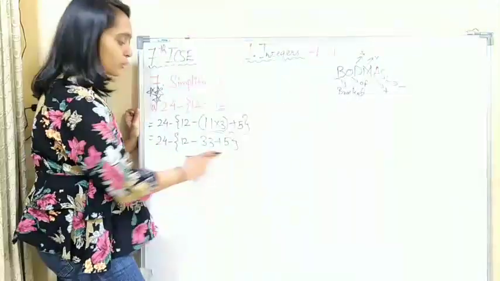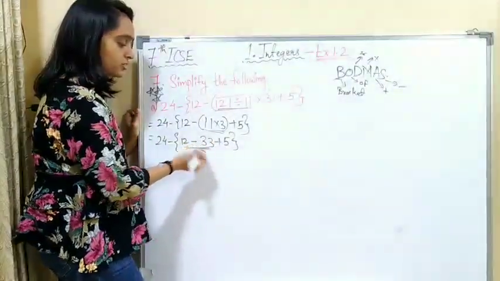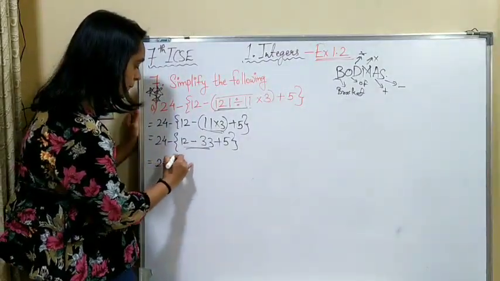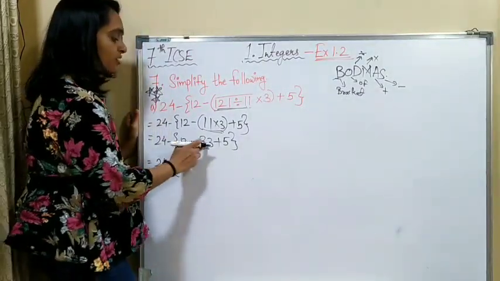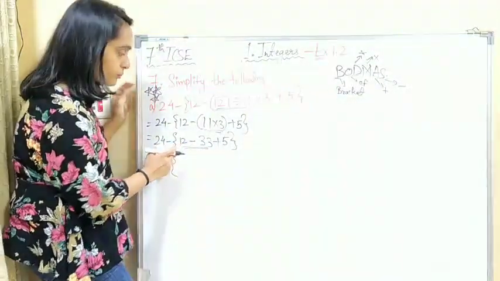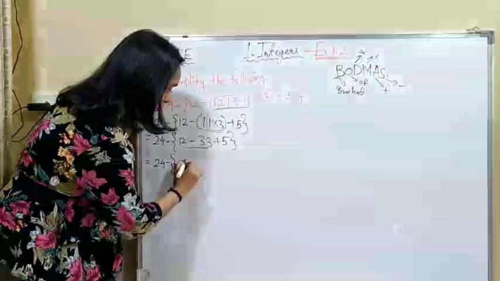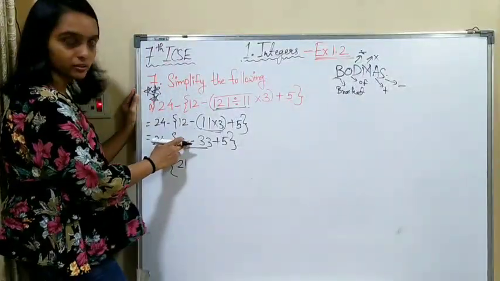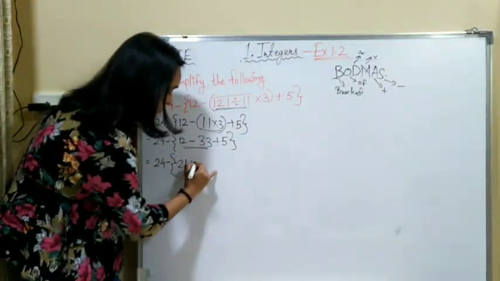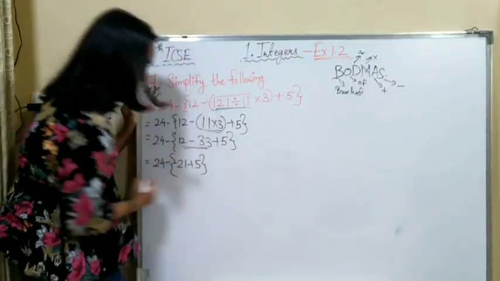Now inside this bracket you can solve the integers first. So you will get 24 minus the bracket 12 minus 33, that is 33 minus 12 will give you 21, and the sign of the greater number, so minus 21 plus 5.